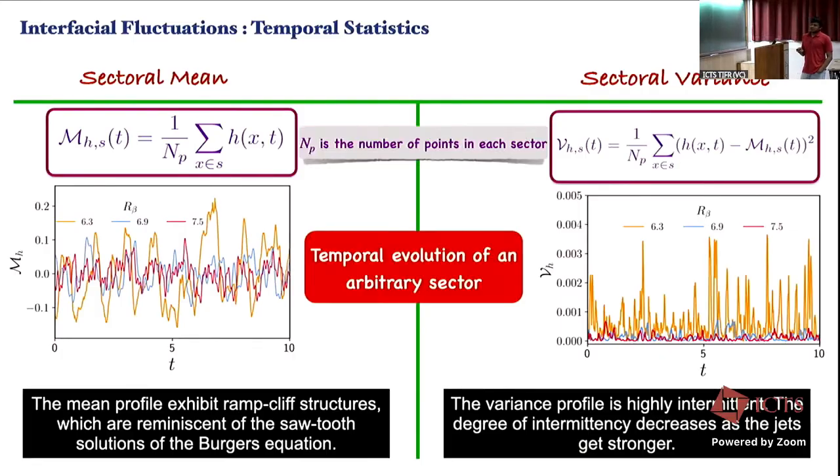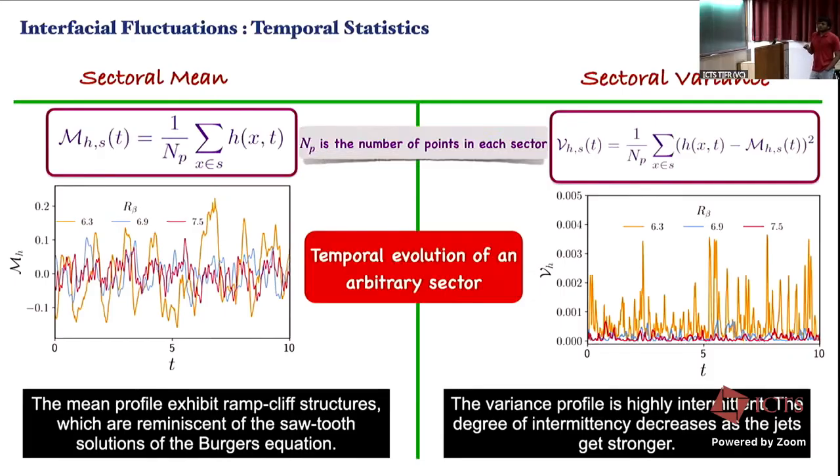If you look closely here, you will see a smooth ramp followed by a stiff jump, like we see in the shock solution of Burgers' equation. And in the temporal evolution of the sectoral variance, you see these intermittent structures, and the degree of intermittency decreases as the jets become stronger.